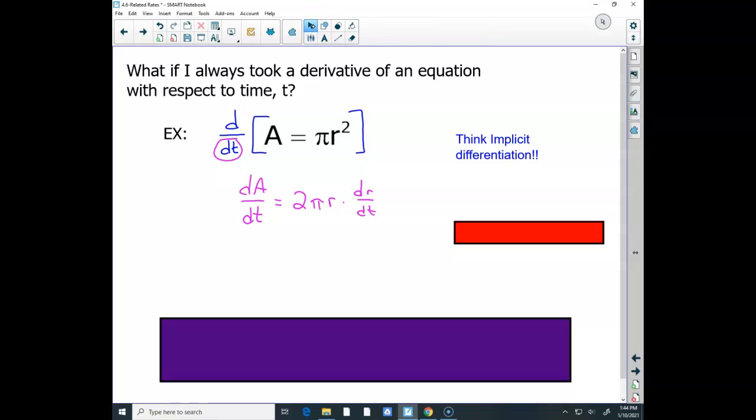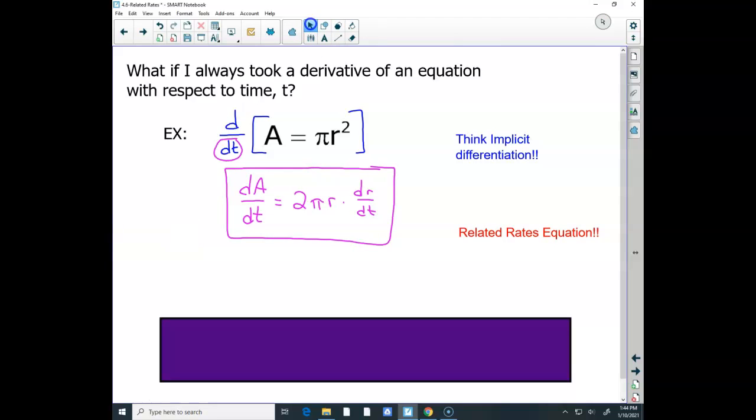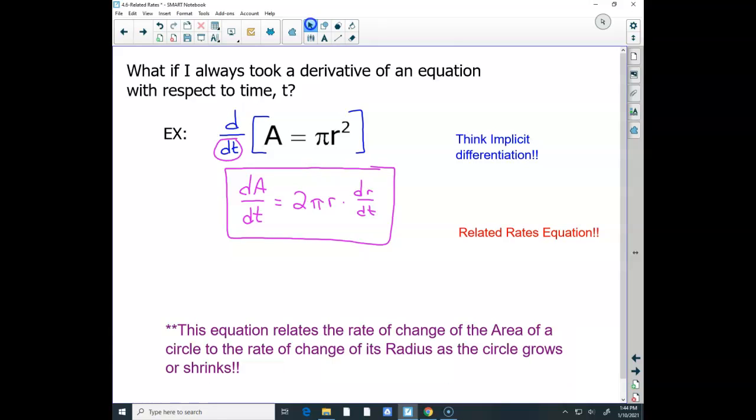And what I end up having right here, that is a related rates equation. It's relating the change in area with respect to the change in radius, okay? And if I really think about it, this equation relates the rate of change of area of a circle to the rate of change of its radius as the circle grows or shrinks at an instantaneous moment, okay?